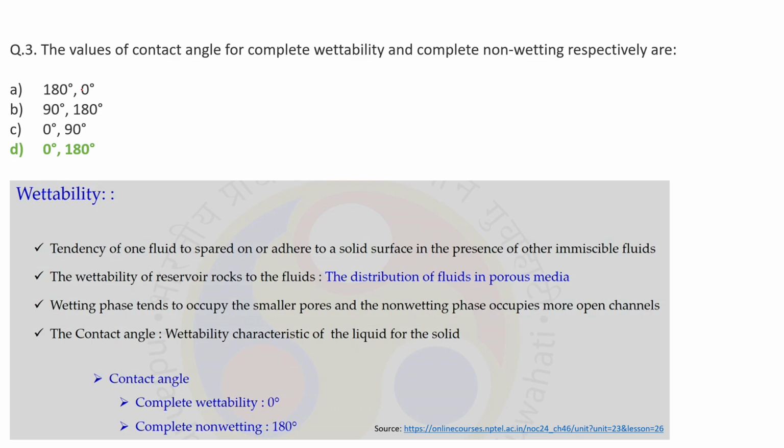That means if the fluid is sticking very much to the particles, the contact angle will be 0 degree. But if it is not sticking at all to the walls of the rock, the contact angle will be 180 degree. Here in the question they have asked the range from wettability to non-wettability, so that will be from 0 to 180 degree. So option D is the answer.